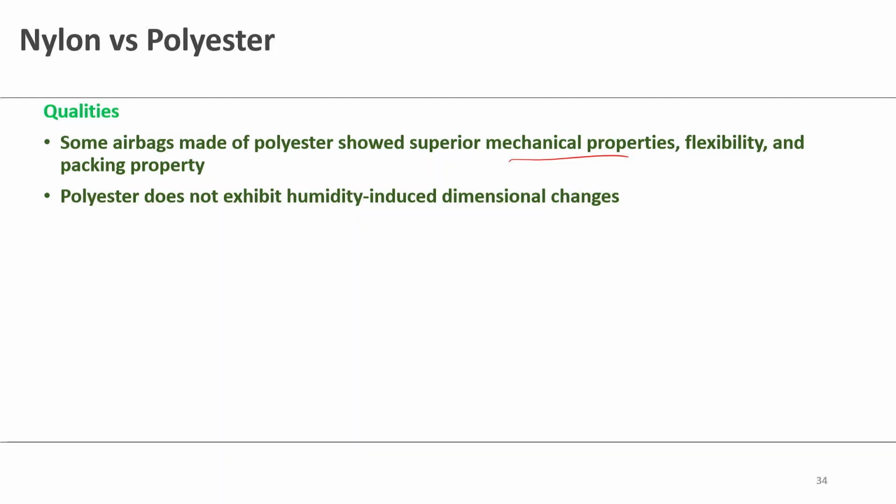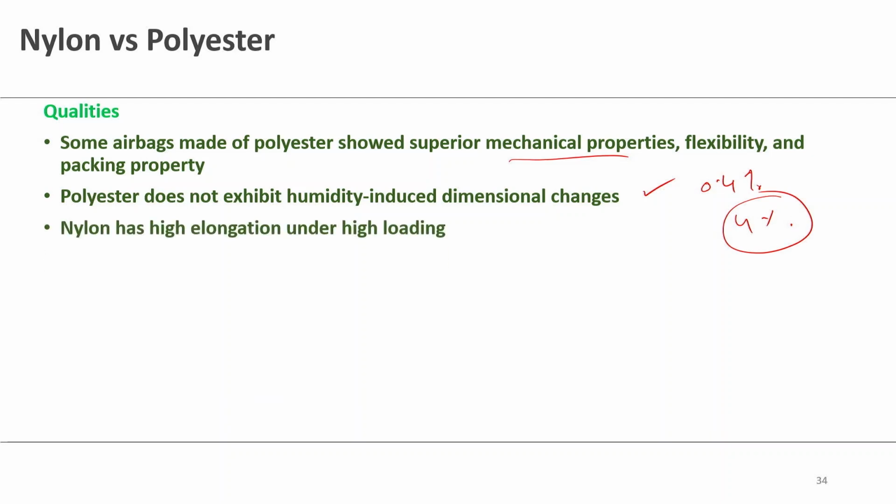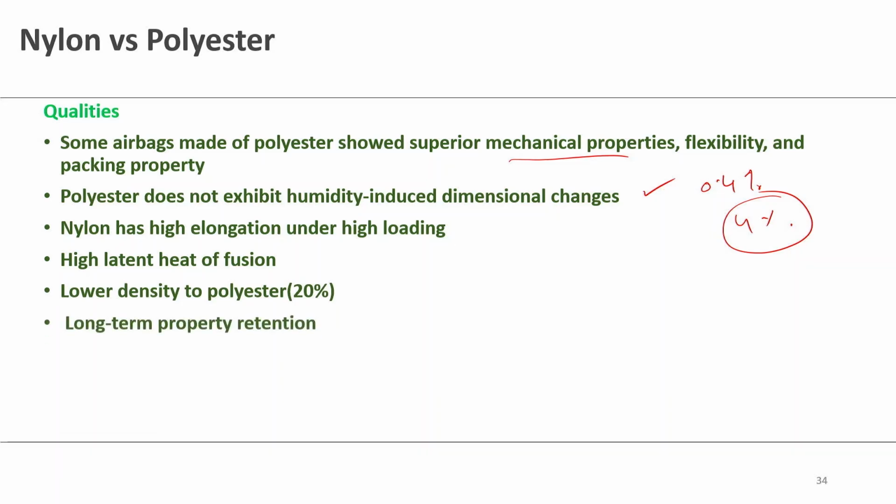Polyester does not exhibit humidity induced dimensional changes because of its very low moisture regain of 0.4%, whereas for nylon it is around 4%. Nylon has high elongation under high load, high latent heat of fusion, lower density than polyester, and long term property retention.